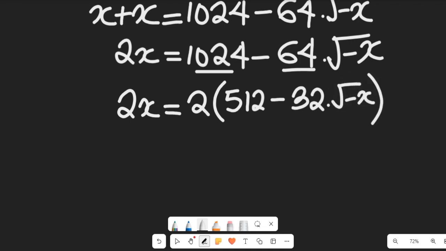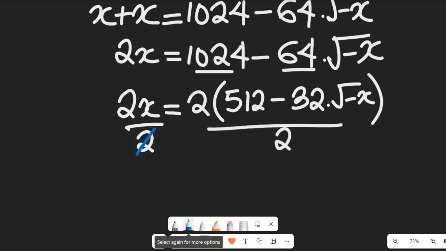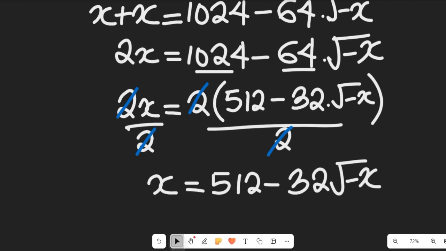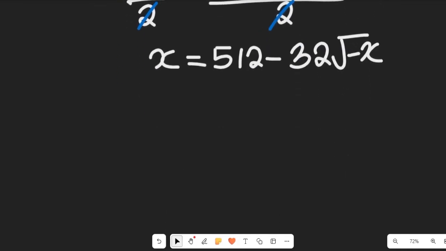Great. Now with this, I can divide both sides by 2. So what do I have? 2 cancels out 2, 2 cancels out 2. And then I'll be left with the value of my x equal to 512 minus 32 multiplied by the square root of negative x. Great. Now look at this thoroughly and tell me what you think we can do in the next step.